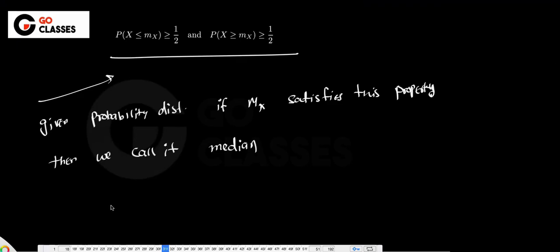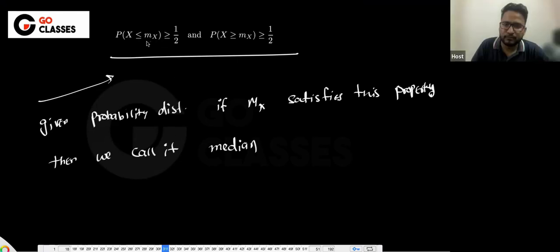And what does this property say? It says that the probability of x being less than or equal to mx is greater than or equal to 1 by 2.